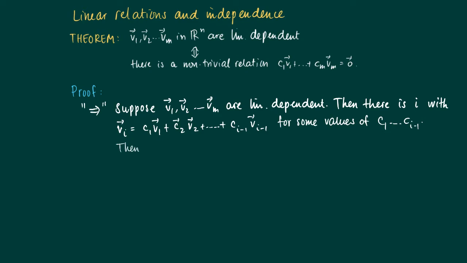Then what we do is in this equation we put vi to the other side. If we do this, then we get the original expression plus minus 1 times vi now equals the 0 vector.